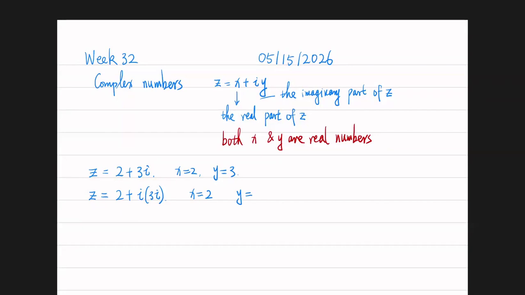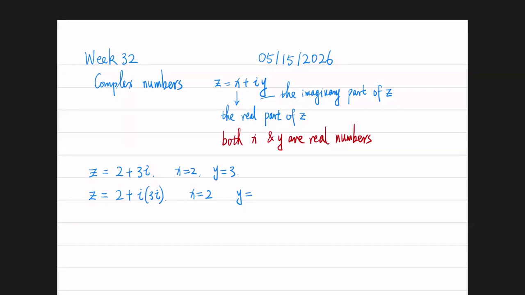No, because i times i is going to be -1. So it's 3i times -1, so is it like -3? I'm a little confused. Okay, notice the trick over there.